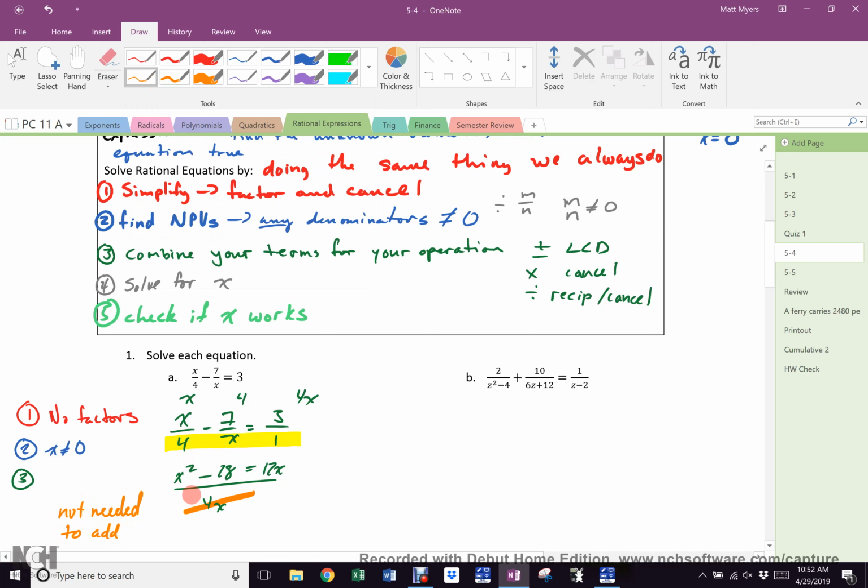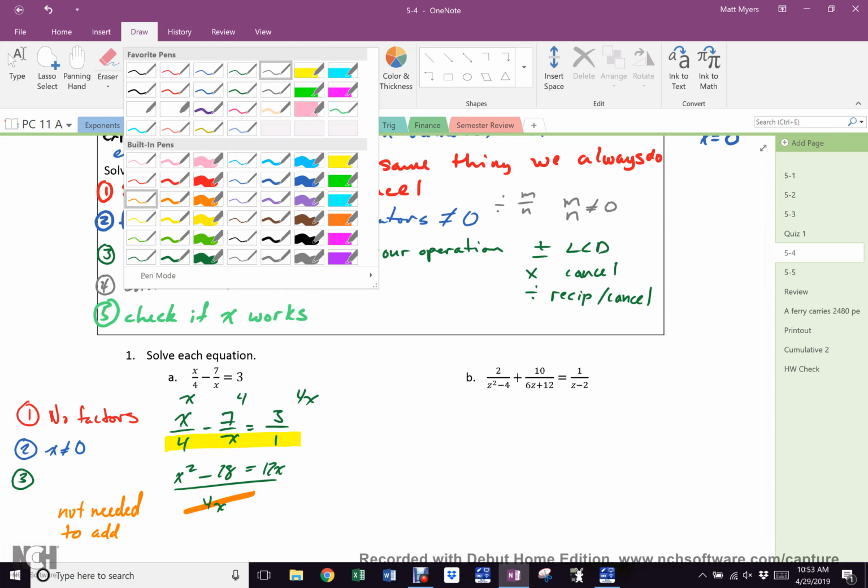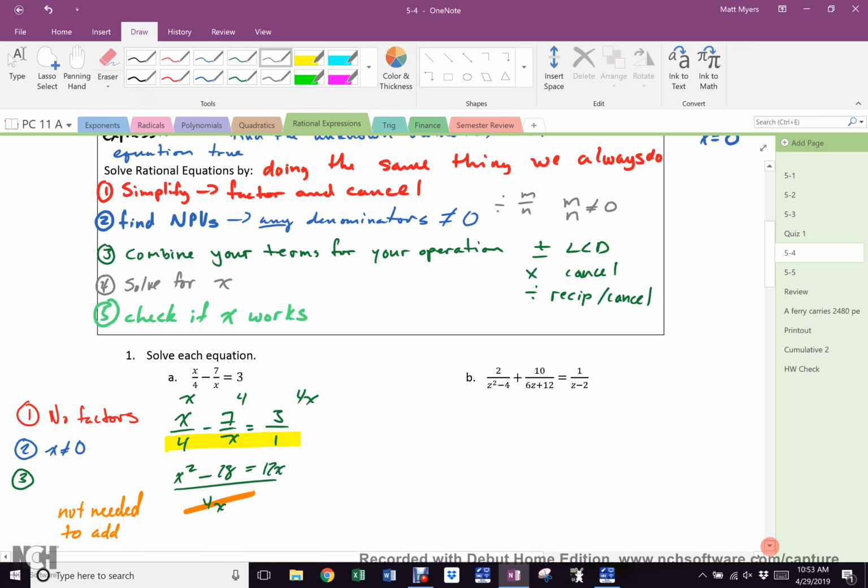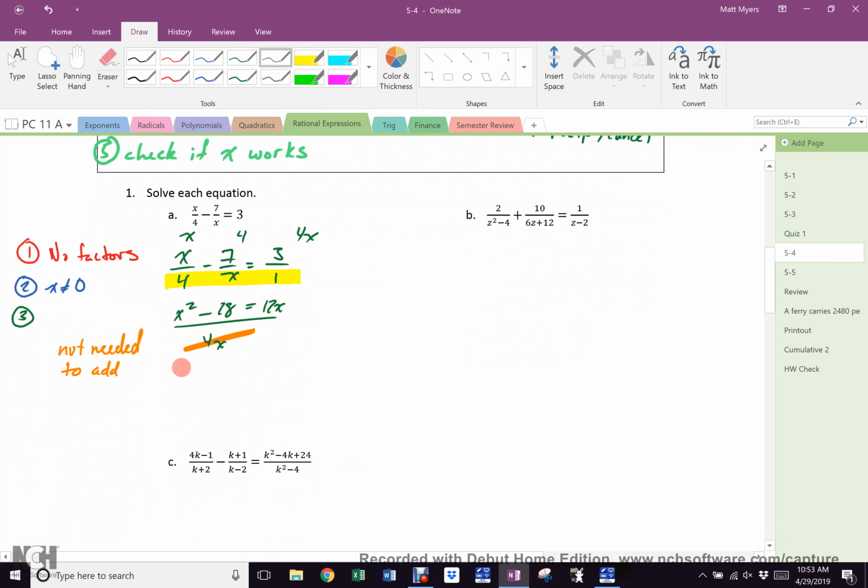So what do I have now when I solve for x? What's the only thing that matters? Just the numerators, yes? X squared minus 28 equals 12x. Now look at that. Does that have the building blocks of something that you have seen?